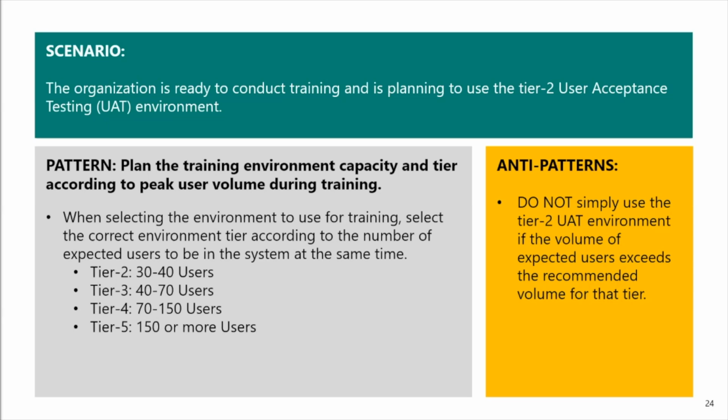You'll need to look at your specific business project plan to determine if these two things are going on at the same time. Is it appropriate to use that particular environment? From an anti-pattern, don't simply use the Tier 2 UAT environment if the volume of expected users exceeds the recommended volume for that tier.